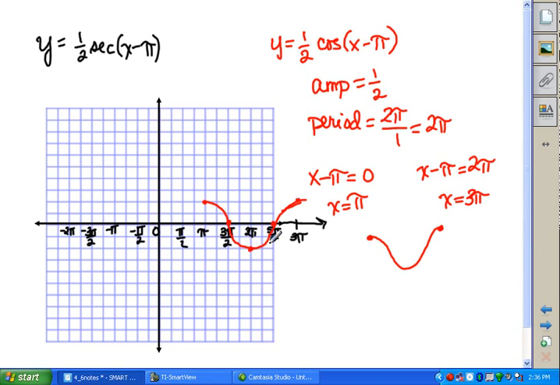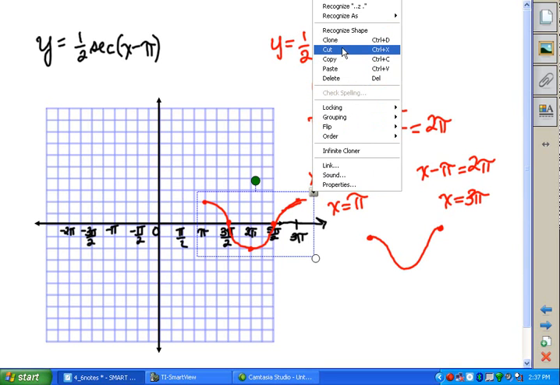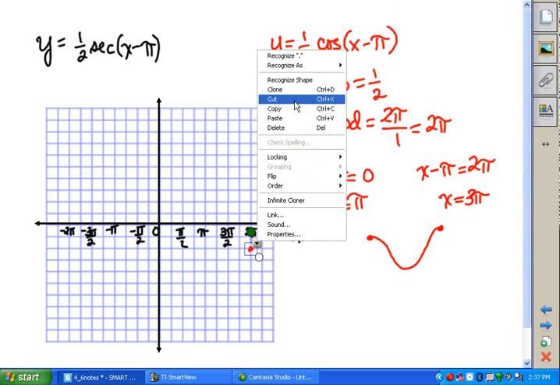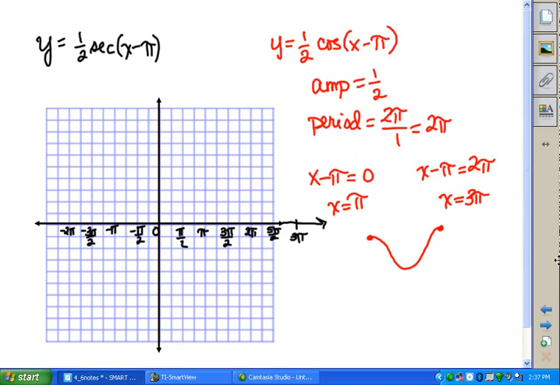Oops, you know what I didn't do? What did I not do? The amplitude is 1/2. So let me change that just a bit. Apologize about that. See, even your teacher makes mistakes. Okay, let's do over.